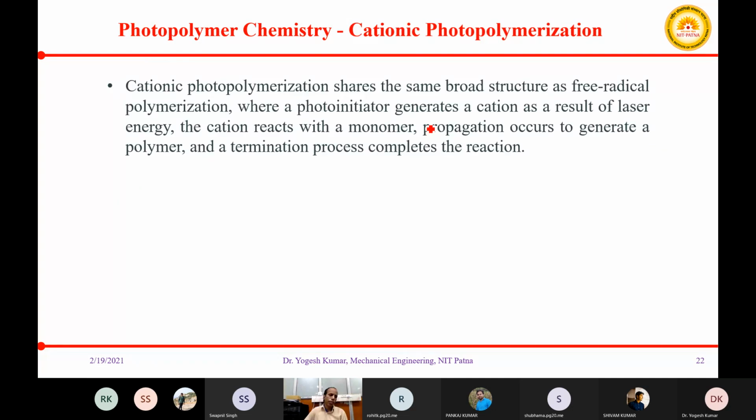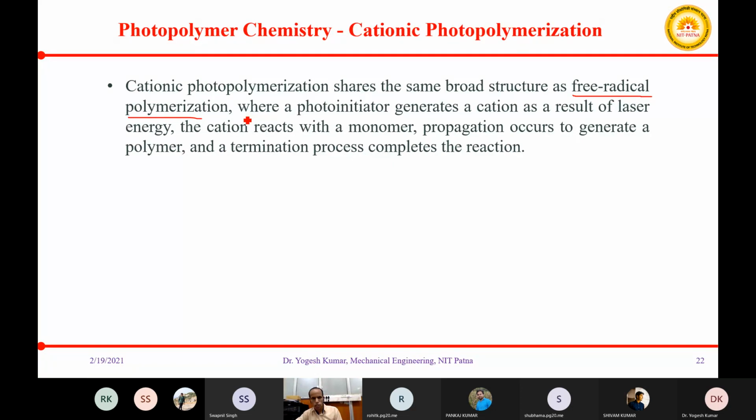Then we have the second type of photopolymerization, that is cationic photopolymerization. The structure is more or less like free radical polymerization, but here there is a difference you have to understand, because in this cationic type of polymerization we are using epoxies and vinyl ether.